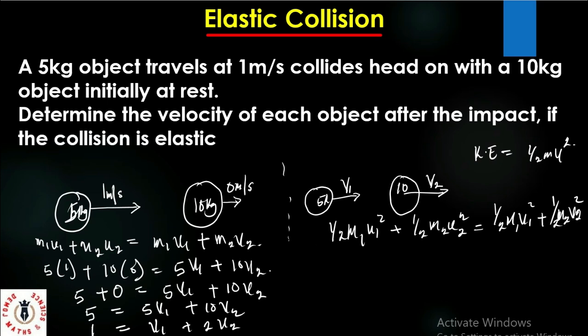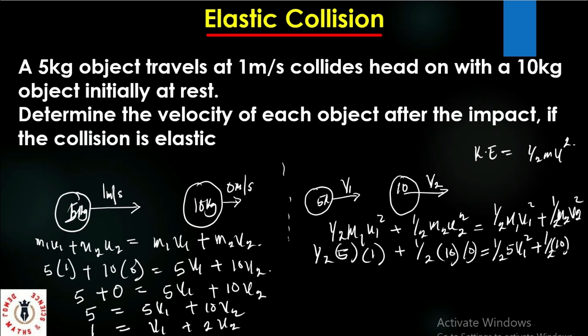So I'll have half into 5, my u1 is 1, 1 squared is 1, plus half again into 10 into 0, because my u2 here is 0, will equal half into 5 v1 squared plus half into 10 v2 squared.